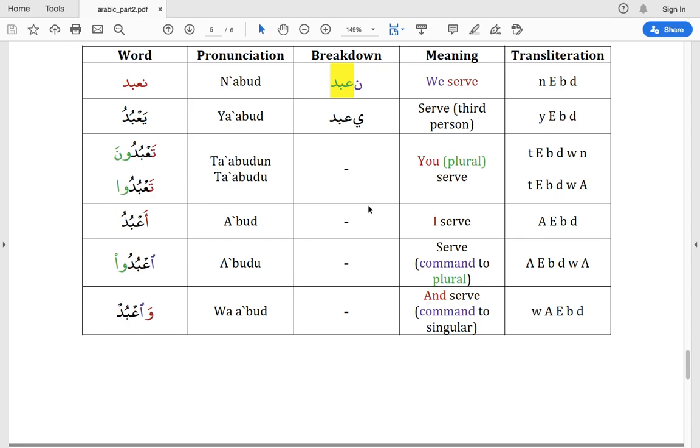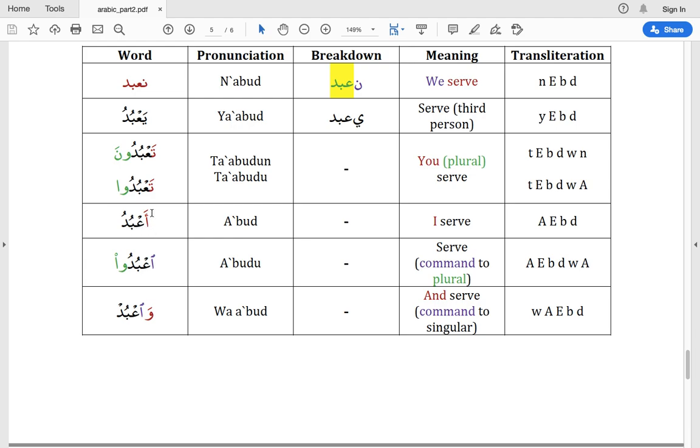They both mean the same thing. It always means you, as in addressing plural, serve. Why this is so, I'm not going to get into, because it doesn't make any difference. You just have to remember that it can be ta'budun, or it can be ta'budu. These are both valid ways to define a plural. You serve.